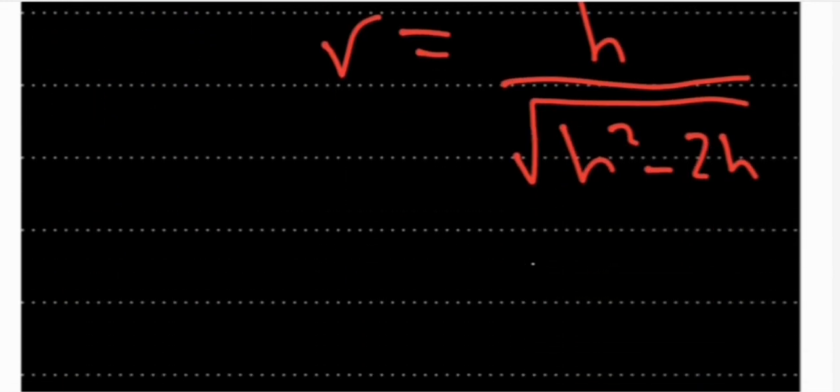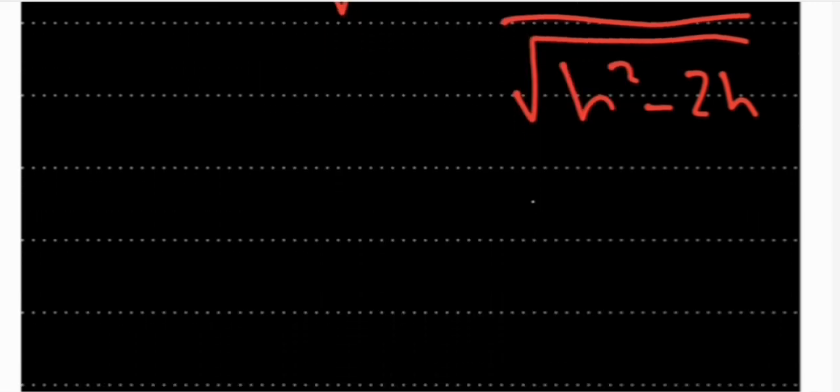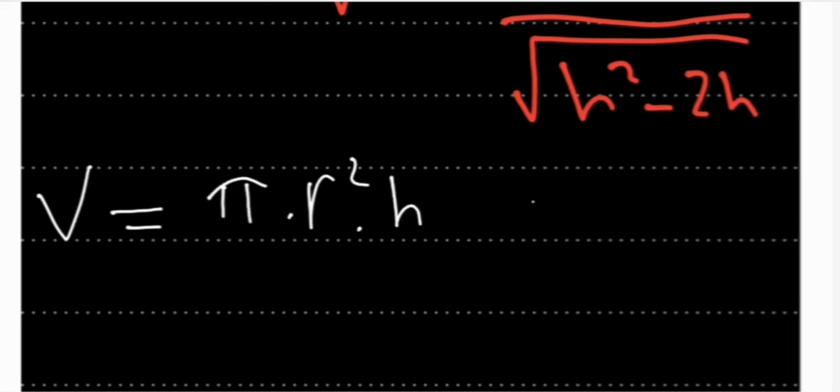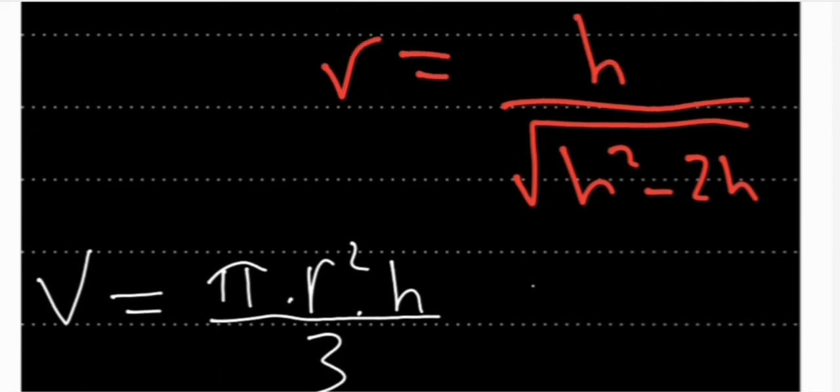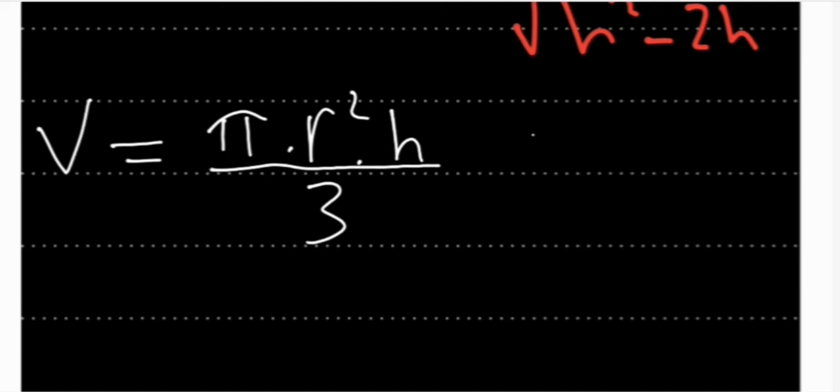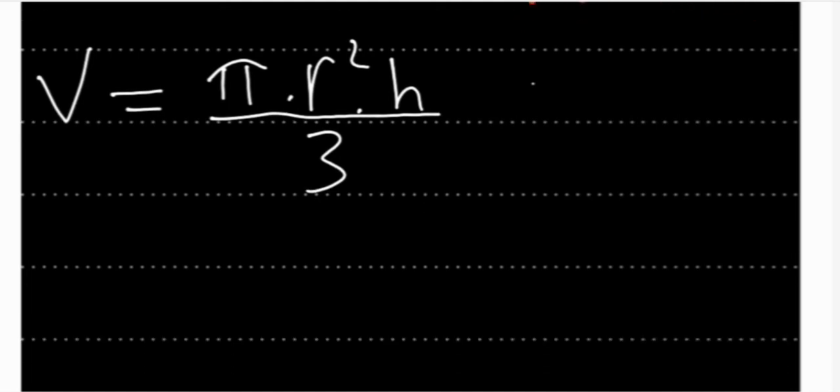So the volume of a cone is equal to pi multiplied by r squared multiplied by h divided by 3. This is the formula for the volume of a cone. Now look, if we want maximums and minimums, we take the first derivative and set it equal to 0.